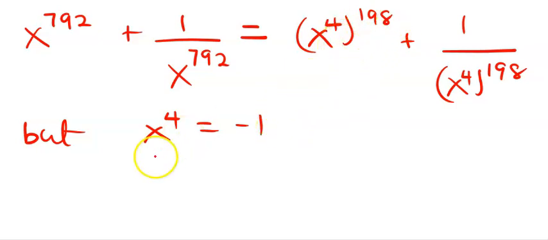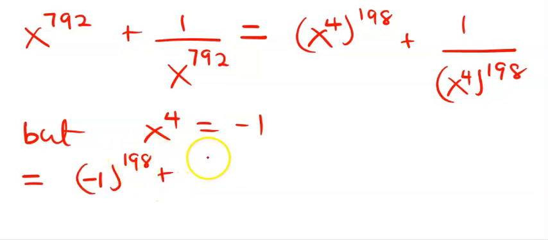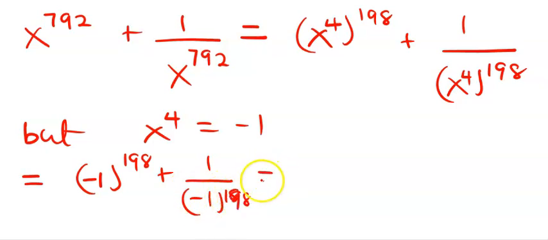So this is equal to minus 1 raised to the power 198 plus 1 over minus 1 raised to the power 198, and this will give us 1, and this will give us 1. 1 over 1 is 1. So therefore the answer is 2.